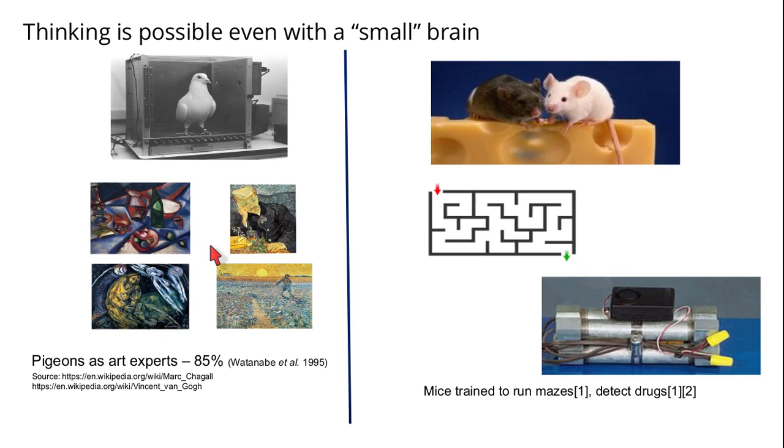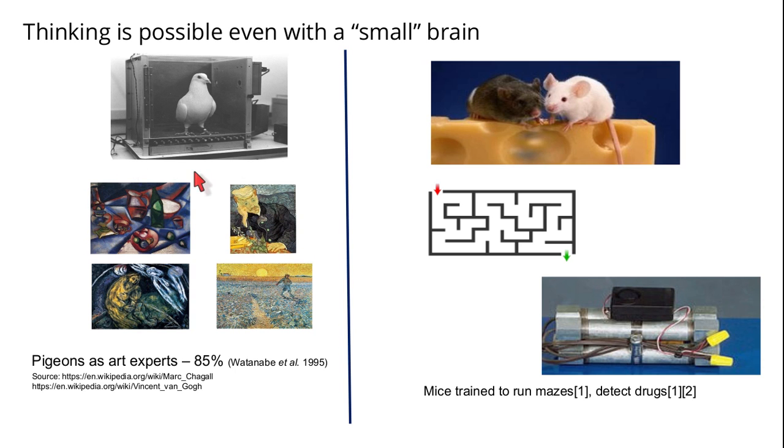And it's not just humans who are good at this. It has been shown that even animals like pigeons and mice can recognize objects. So for instance, to separate paintings of Chagall and Vincent van Gogh, pigeons could be trained to achieve almost 85% accuracy. Now the difference between these two paintings is quite vivid.